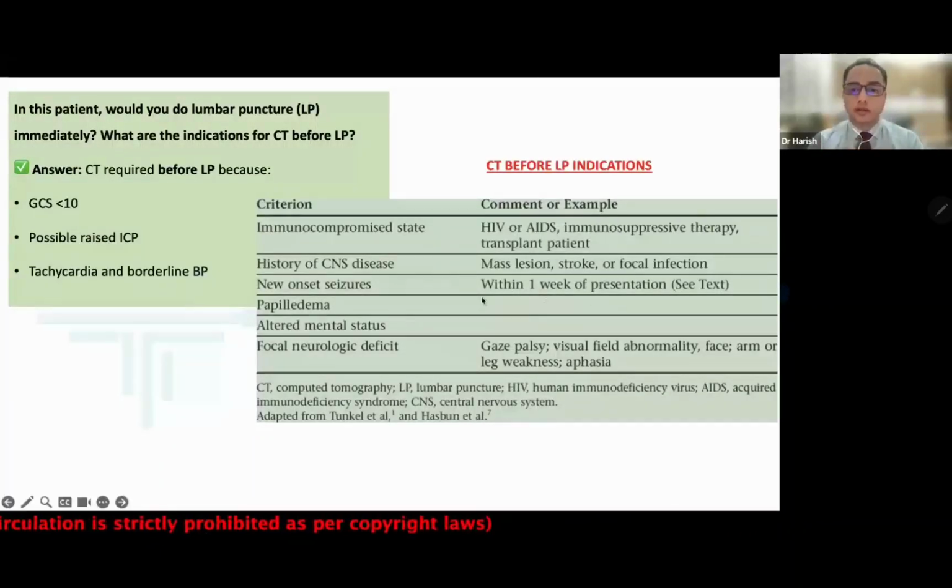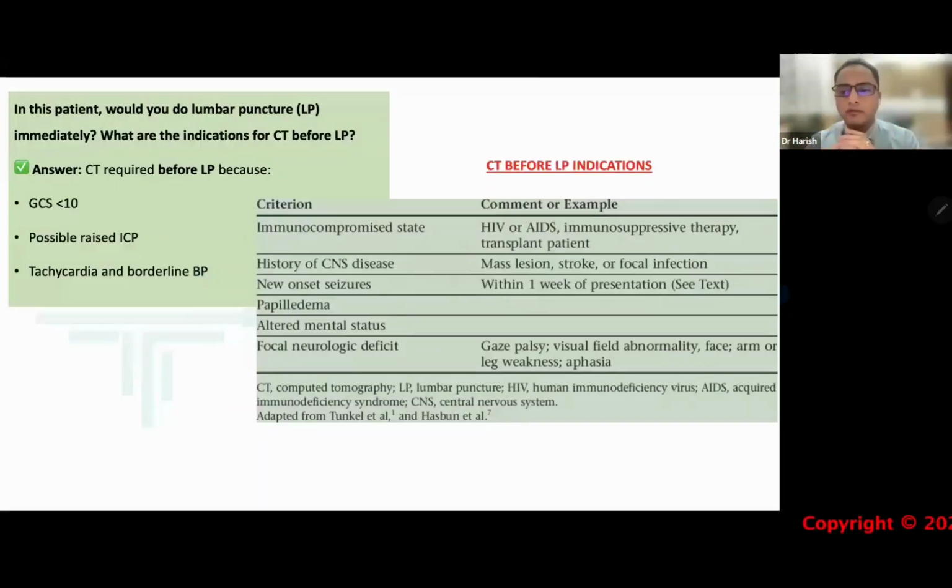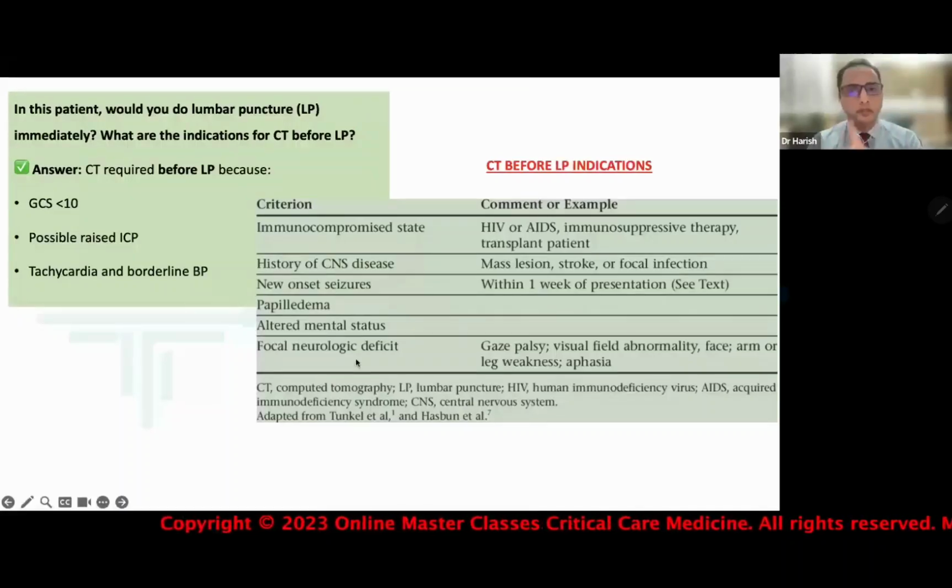New onset convulsion within 1 week of presentation: if the convulsion happened in the last week, better to go for imaging. If the patient has papilledema, do imaging. Altered mental status, better to go for imaging. Focal neurological deficit, like gaze palsy, visual field abnormality, face, arm or leg weakness, or aphasia. These are the classical indications for imaging before the lumbar puncture.